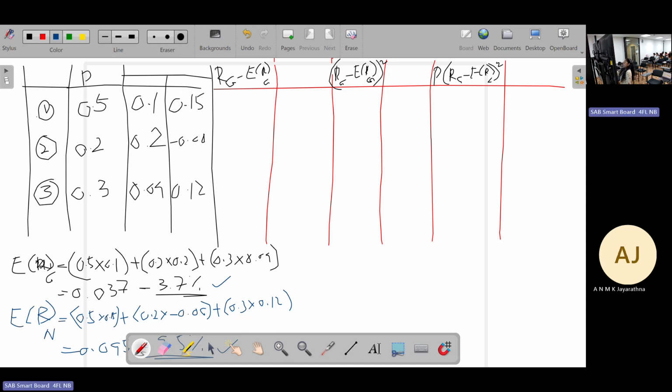Then return of N minus expected return of N. Then return of N minus expected return of N squared.